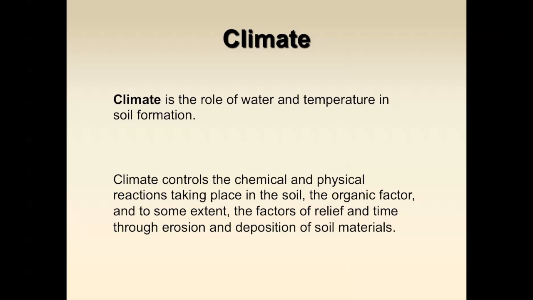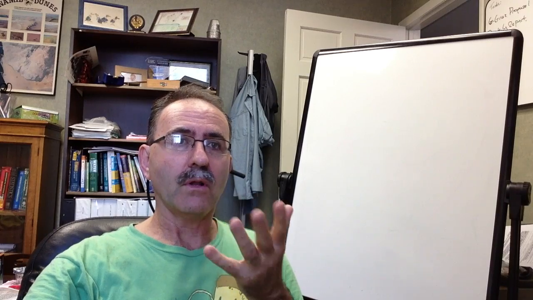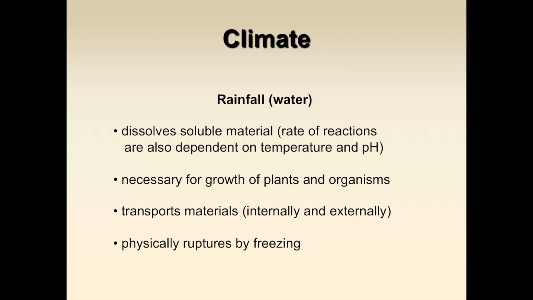So let's have a look. First of all, in terms of rainfall, there are certain rainfall regions across the world, and that'll be the next slide. But why does water matter? Well, number one, water matters because it dissolves materials that might be soluble. And then when it dissolves those things, it might transport them out of a soil profile.